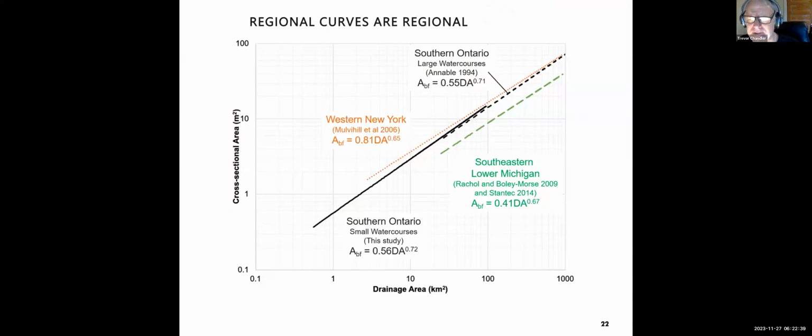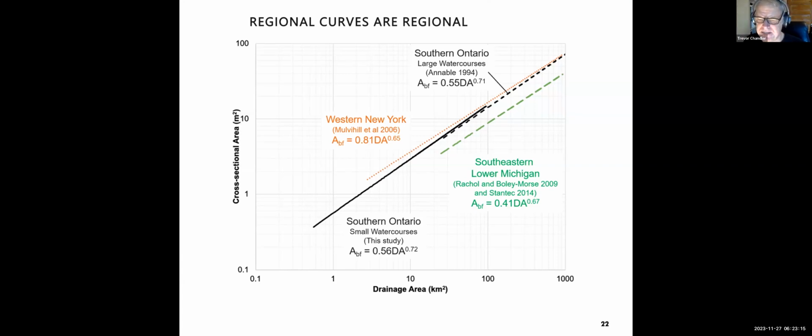So how did it compare to other regional curves? You can see here the southern Ontario curve is split up into the large water courses, which is the black curve there in dashed lines, and the small water courses is the solid line. So pretty good alignment there. The curve just extends down into those smaller water courses, and you can see that in Western New York, the water courses there are almost the same size, and in southeastern Lower Michigan, they're a little bit smaller.